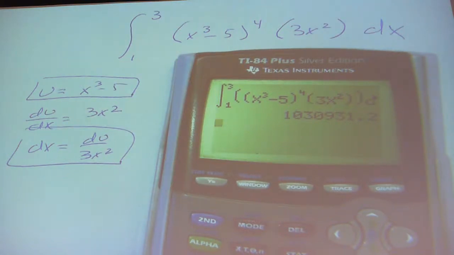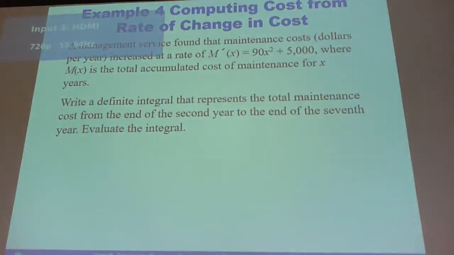But we also have to talk about y. Okay? So, to get the y part, we need a word problem. So, what's the point in all this? A management service found that maintenance costs increase at a rate of M prime of x equals 90x squared plus 5,000, where M of x is the total accumulated cost of maintenance for x years.